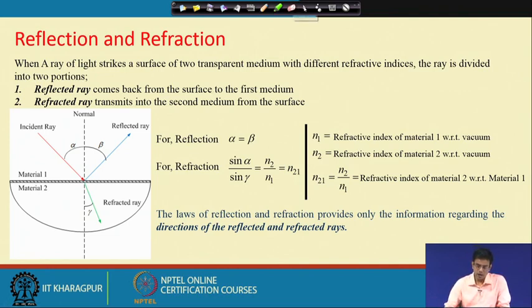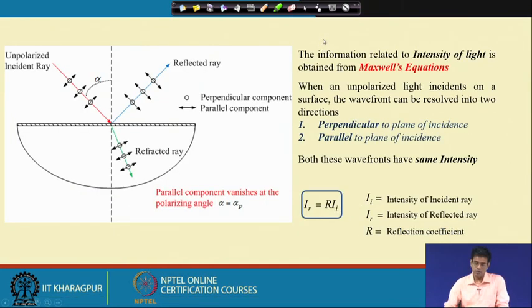This we know from our previous knowledge. Now, the information related to the intensity of light is obtained from the Maxwell equations. Even though we will not discuss it here, it is better to know that it comes from the Maxwell equations.